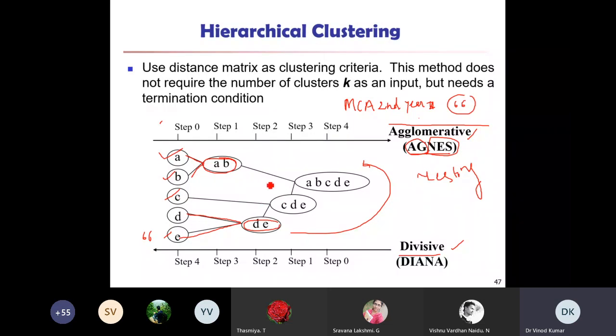Again in the next step, I will combine C with D and E, then I come up with CDE. And in the final step, I will combine these, and then I get ABCDE.